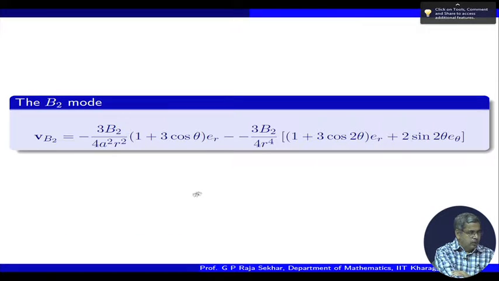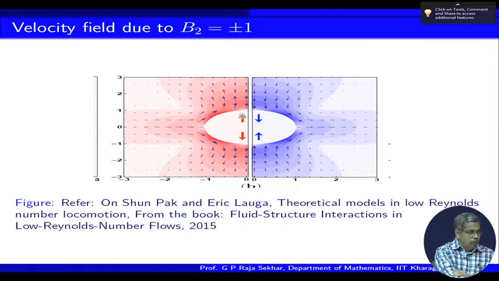Then the mode B2. So, this is a solution due to B2. B2 positive is shown on the left, B2 negative is shown on the right. You will see here there is no swimming, only the corresponding squirming is happening.